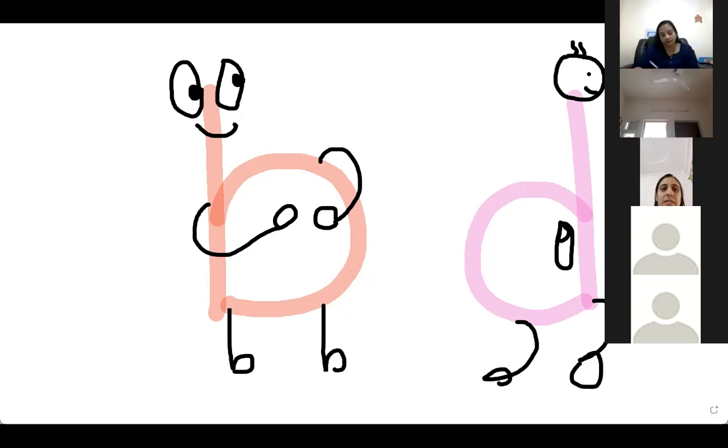And there is one more thing that I would like to tell you about. I told you directional writing, I told you these types of activities, and one more thing we can do is, your child is sitting like this, right? And you want your child to learn correct formation of B and D or whatever letters.